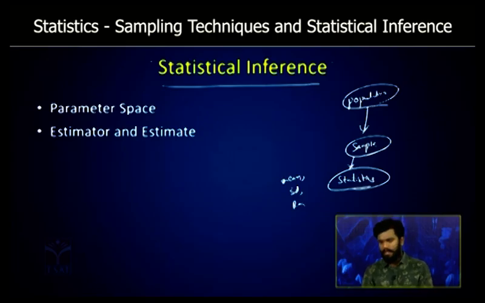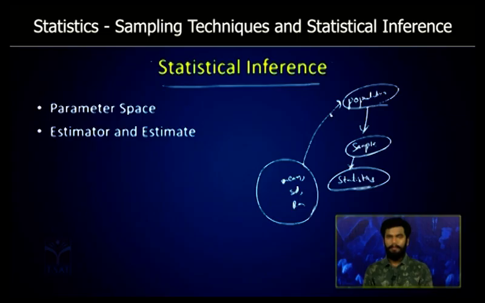Our immediate step is to estimate this to the population. This is the process of sampling techniques and statistical inference. Finding the statistics from the sample is called sampling techniques, and estimating to the population is statistical inference.